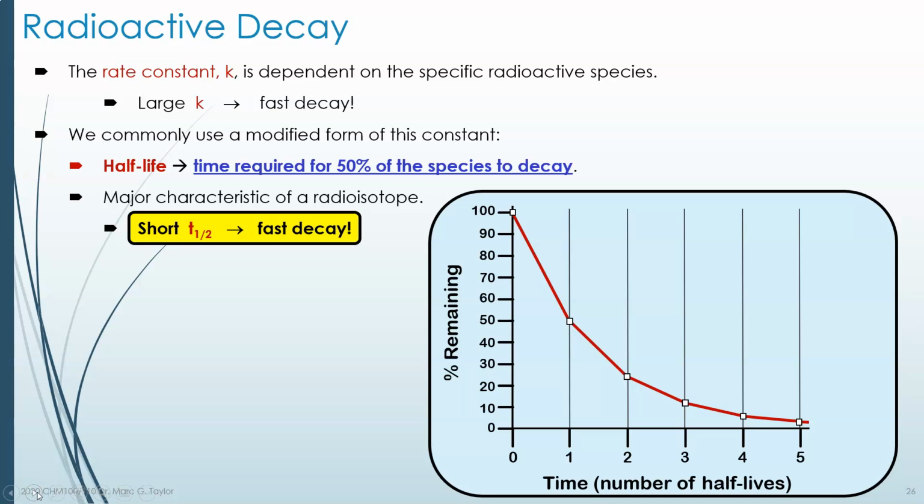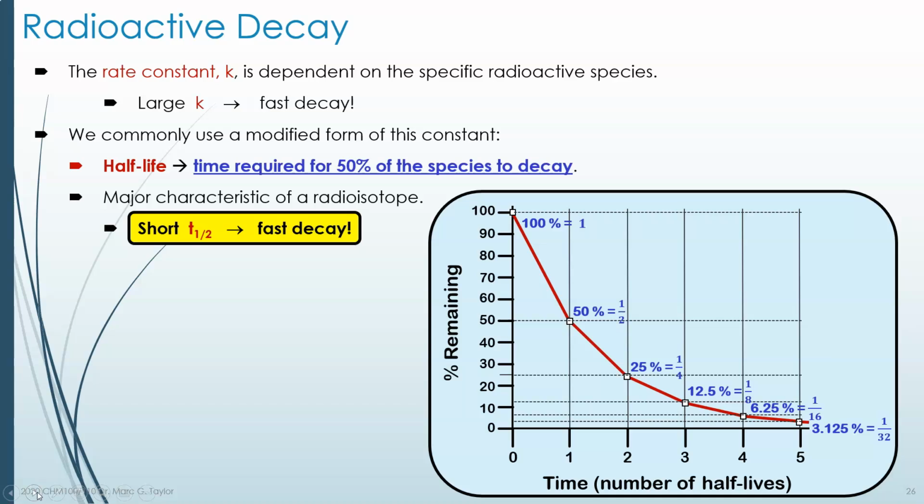After 2 half-lives, it'll be down to 25% of the original, or 1/4. After 3 half-lives, you cut it in half again, 12.5%, or 1/8. After 4 half-lives, 6.25%, or 1/16. And after 5 half-lives, 3.125% of the original, which is 1/32.